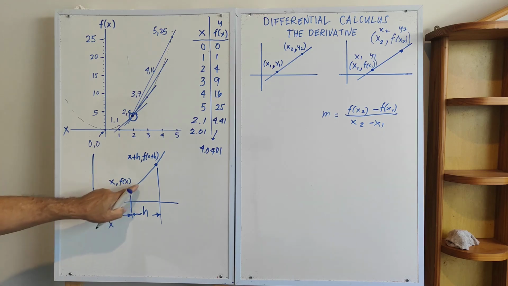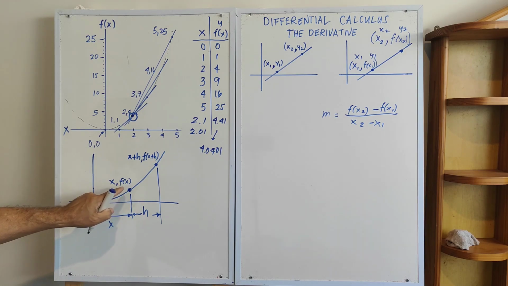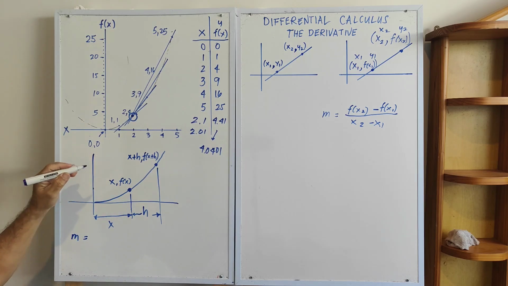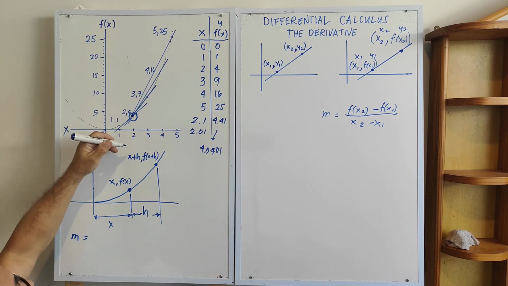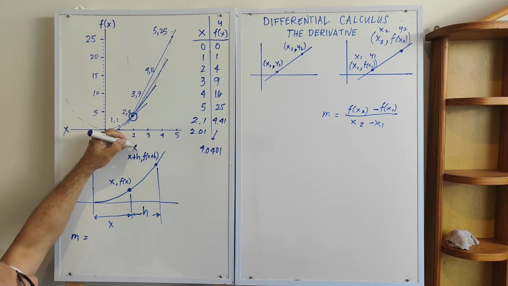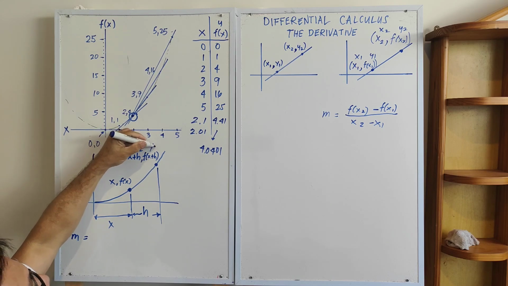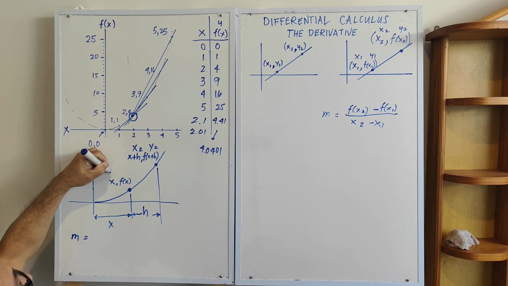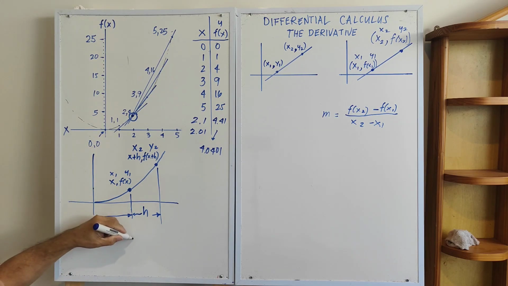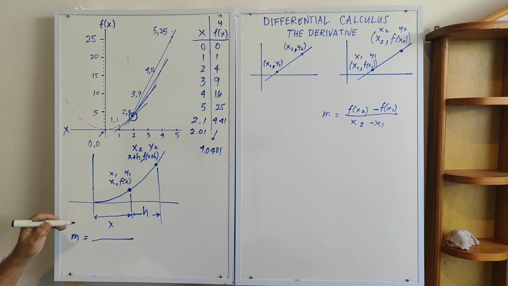So we can now get the slope of this curve. To make it easier, let's put a notation: x1, y1. So your slope is y2 minus y1.